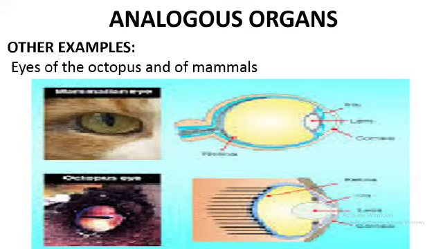For example, in mammals, like humans, the eye contains a retina, cornea and so on. But in the eyes of octopus, we do not come across that. So even though their function is to see objects, structurally and origin-wise they are different, hence they are an example of analogous organs.